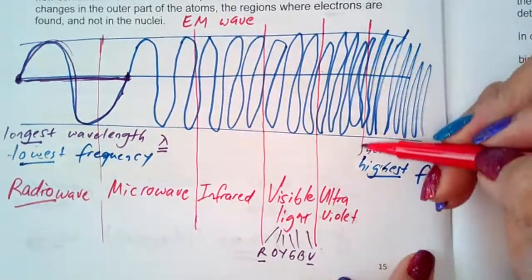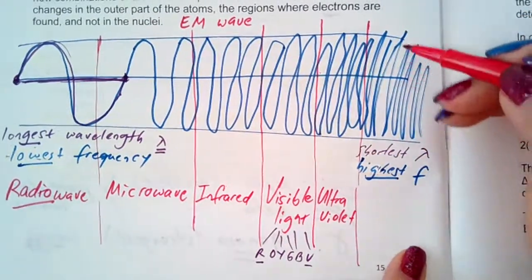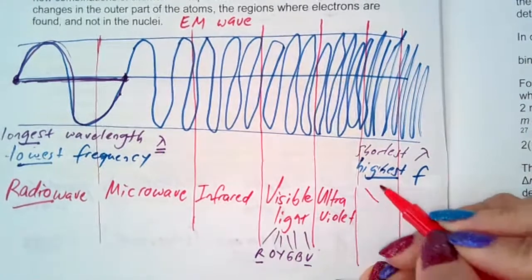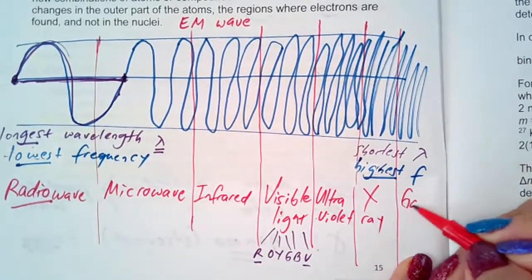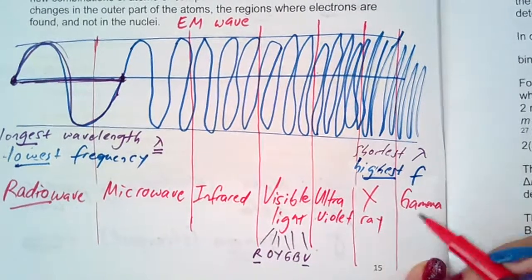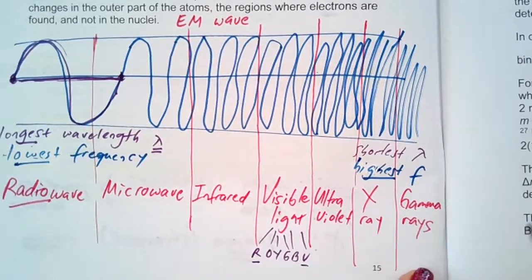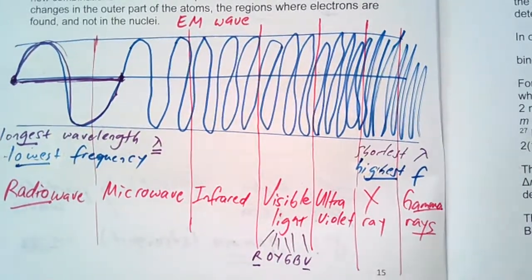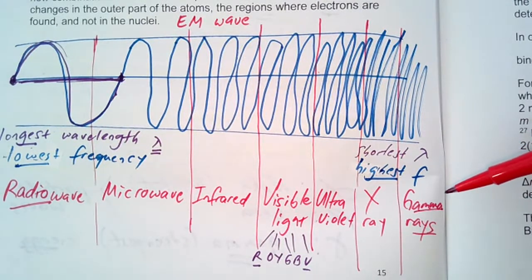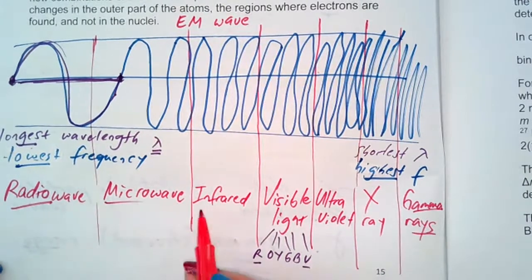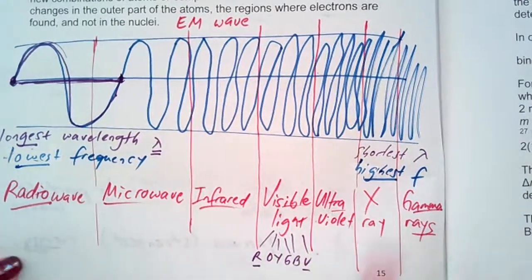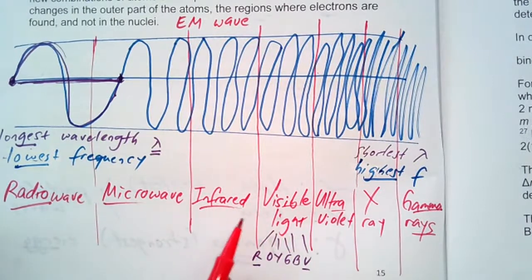So let's say here, this is the UV, this is the X-ray, and this would be the gamma ray. So this is what we were just talking about minutes ago. The gamma ray is the highest frequency, therefore the highest energy level on the electromagnetic wave spectrum. And how I remember this, by the way, is RMIV-UXG.